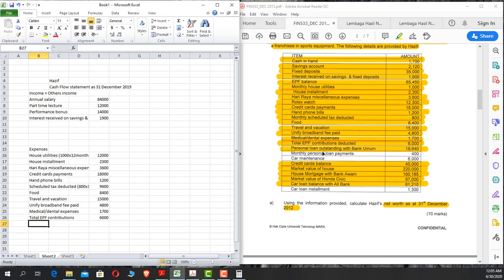Okay, next, monthly personal loan payment. Personal loan payment, dalam kurungan 400 darab 12 month. Okay, RM4,800.